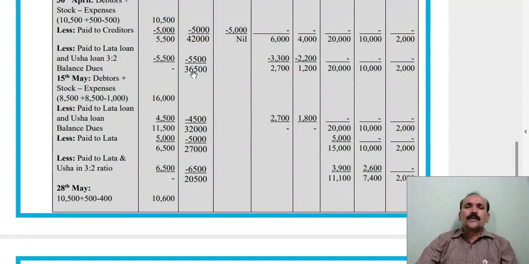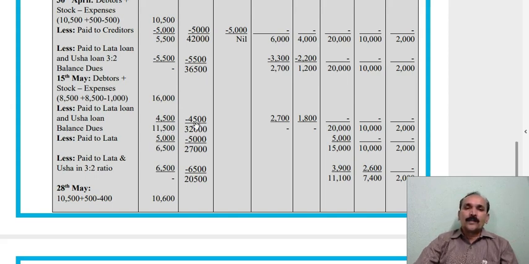Balance due 36,500. Debtors 8,500 and stock also 8,500 and expenses made 1,000. Total 17,000 minus 1,000, cash available is 16,000. Balance due of Lata's and Usha's loan, the remaining loan, is 4,500. 4,500 deducted from cash available, cash balance is 11,500.